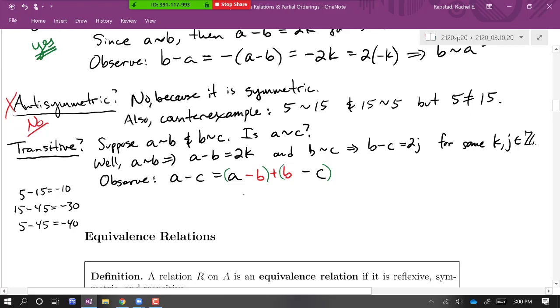We know A minus B is equal to 2K. We know that B minus C is equal to 2J. And what are we going to do next? We're going to take a 2 out of it. And K plus J is an integer. So that means that A is in fact related to C, so the relation is transitive.